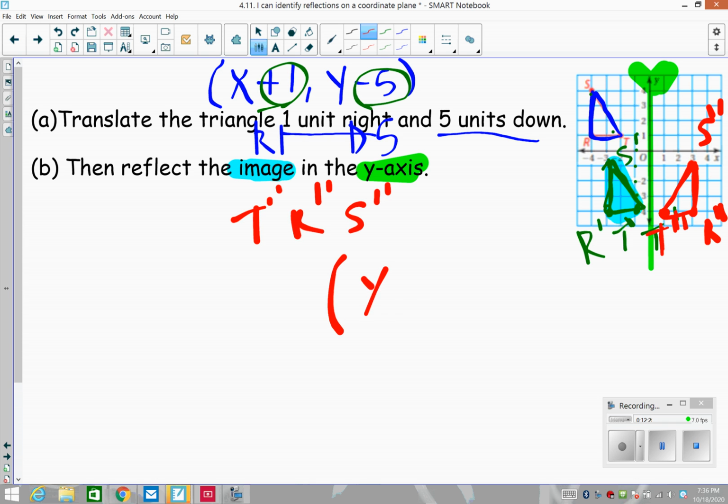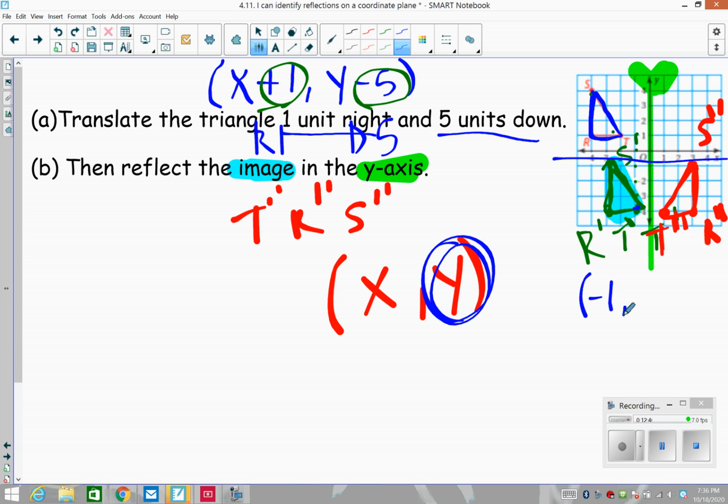So things I want you to pay attention to: when we did that reflection, when you flip over that, the height of the triangle does not change. But what did change is that the x over here was -1, -4. When we flipped it, it became +1, -4.